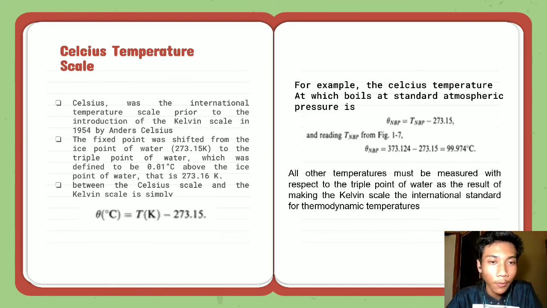The fixed point was shifted from the ice point of water, that is 273.15 Kelvin, to the triple point of water, which was defined to be 0.01 Celsius above the ice point of water, that is 273.16 Kelvin.